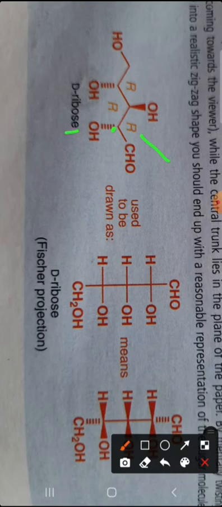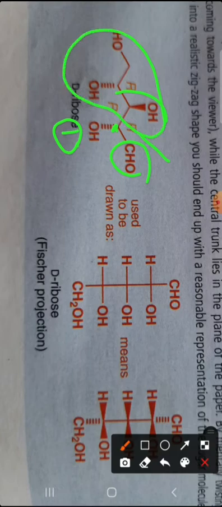Priority is given to the substituent groups according to their atomic number. This carbon has attachment of these three groups: this carbon with this carbon, this carbon with this carbon, and this carbon with this oxygen. In comparison to these three groups, which has more atomic number?